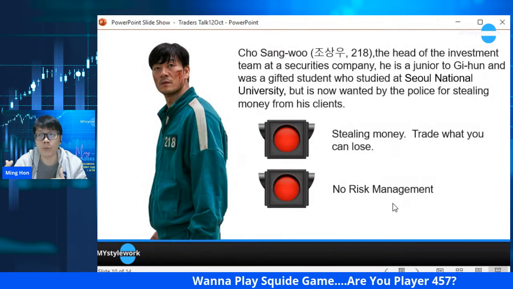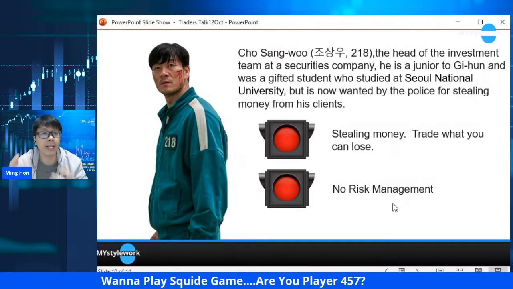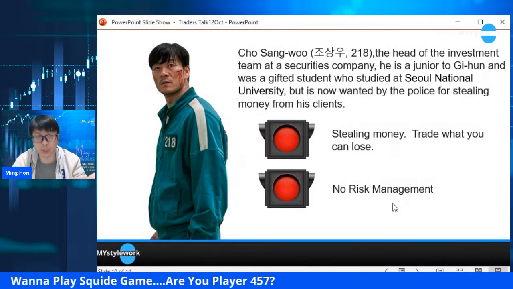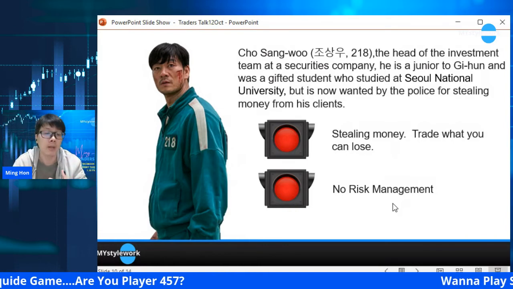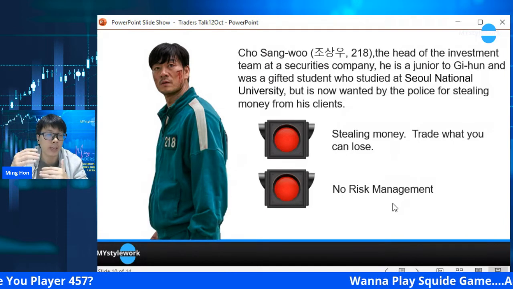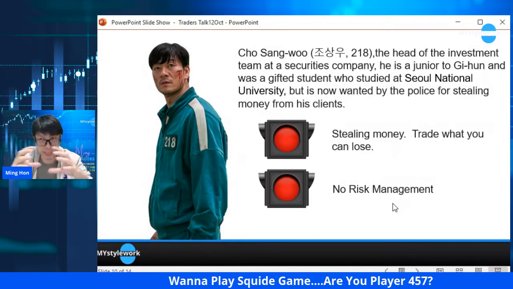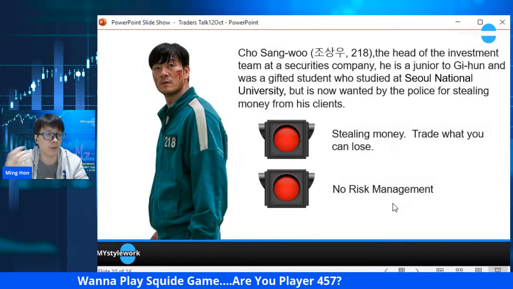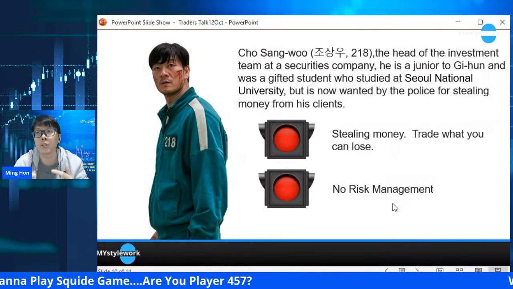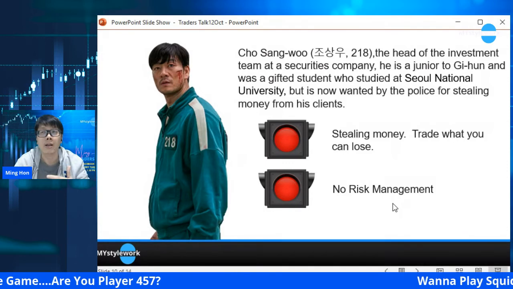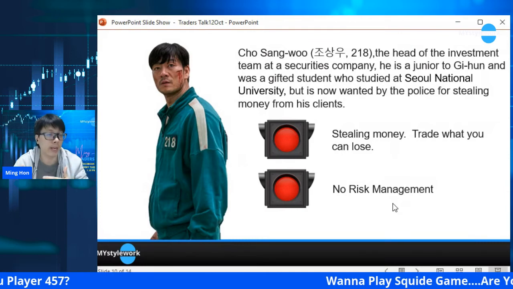And why is this important? Because trading is actually a game. It's like Squid Game. It's a game. You need to trade long enough, enough numbers in order to generate your results. It's not to say that you trade one and you're going to win $1 million the next day.